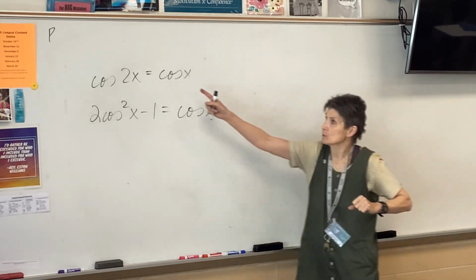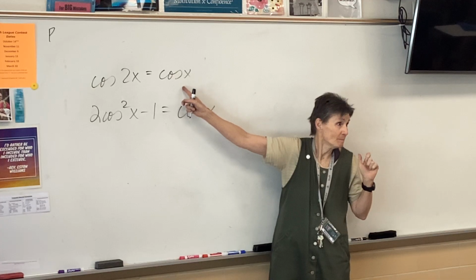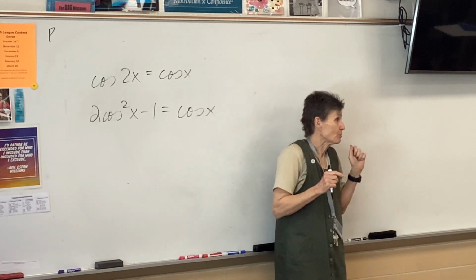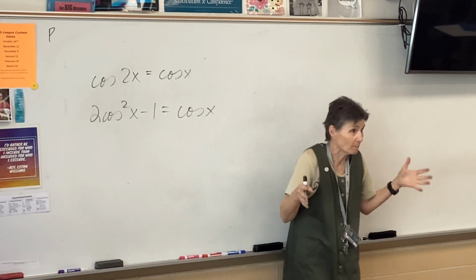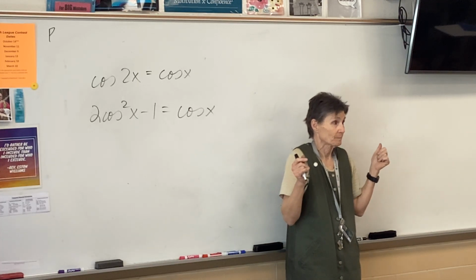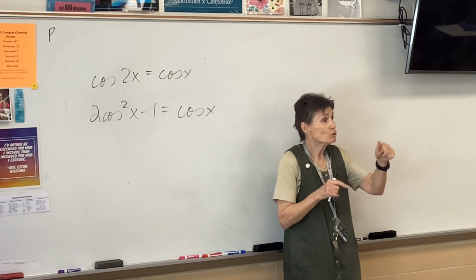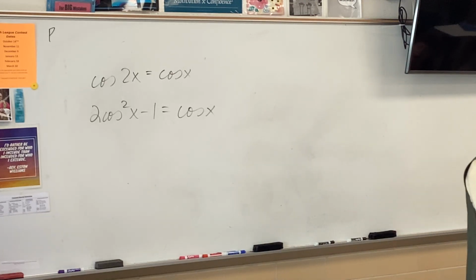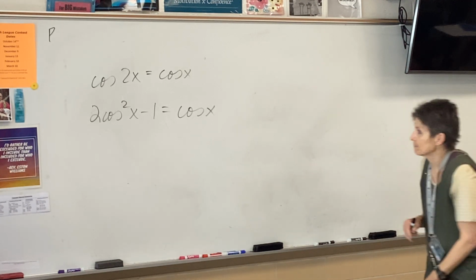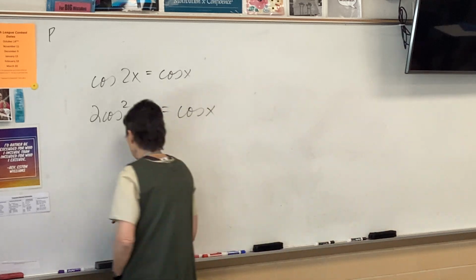Since we have a cosine already in the problem, it's easier to use the formula that has cosines because now my whole problem is cosines. If I use one of the other ones, I gotta mess around figuring out how to mix the sines and cosines. Doable, definitely doable, but this is so much easier.